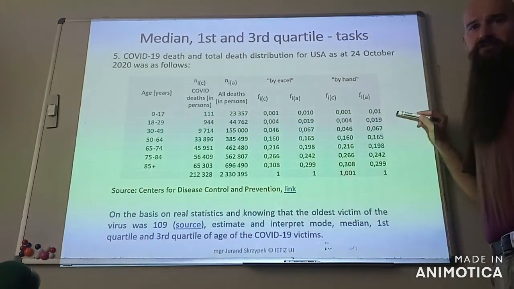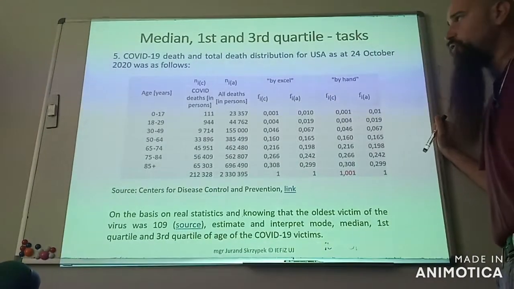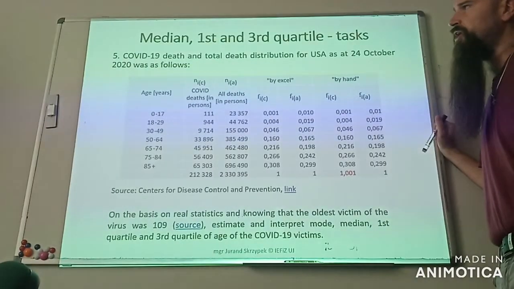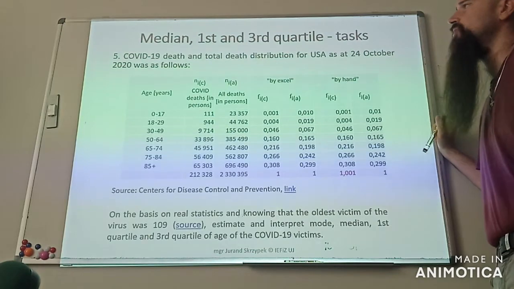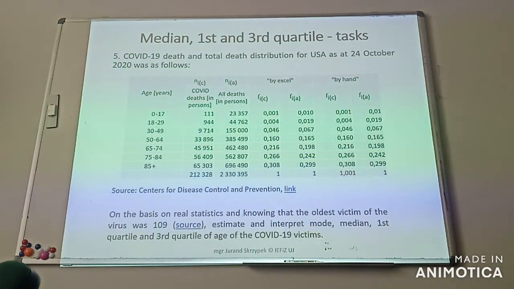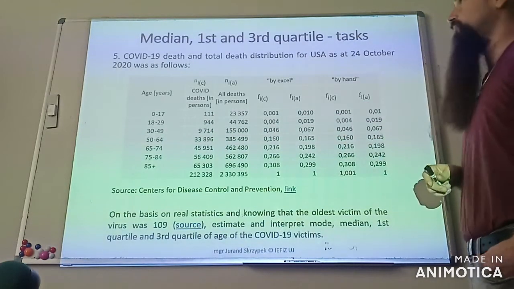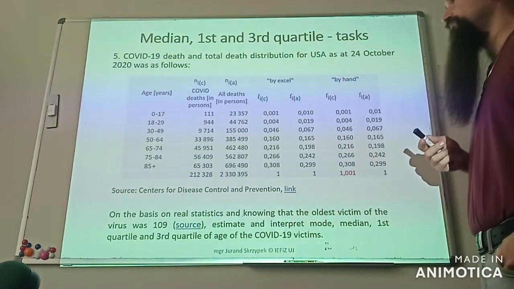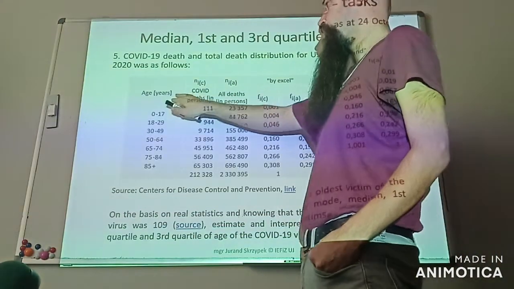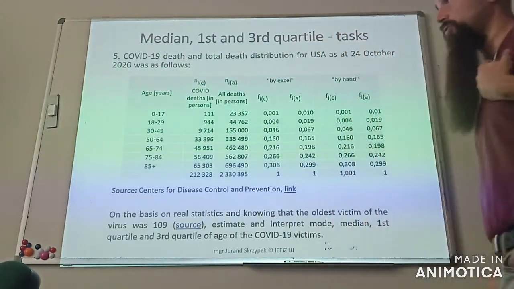This is the right time for a real example based on real data. Here we have COVID-19 death distribution and total death distribution in the US. The data comes from October 2020, so this is the most recent data. Here we have our variable age and its intervals.